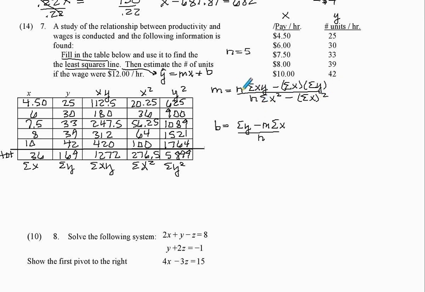So remember, n is 5. That's our number of points. Let's see, sum of the xy's, that's the 1272. Minus sum of x, sum of y, so that's 36 times 169.